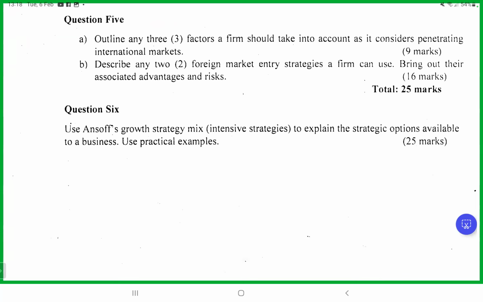Those are the strategic options available to a business: market development, market penetration, product development, and diversification. We have talked about all those. You could also use some examples on how you can change from one area to another. So this is how you would go about this particular question.